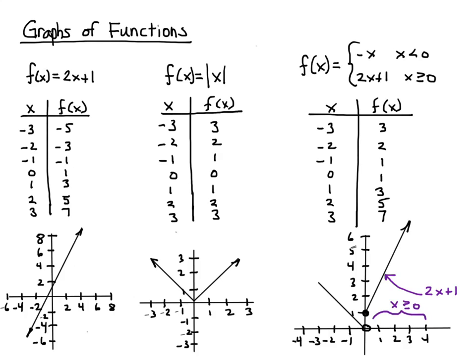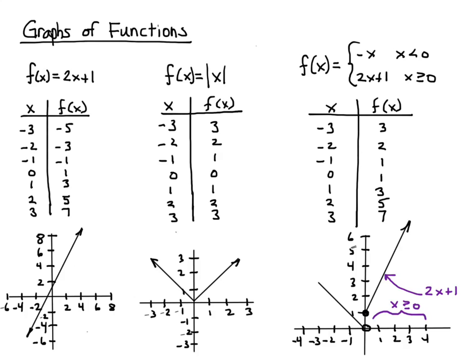Now, here's a real danger in plotting functions with just these points. Think about what would happen if I'm graphing this thing manually. At negative 3 and 3, I'm going to have 1, 2, 3.